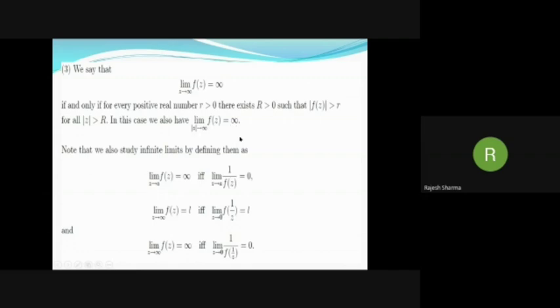Note that we also use finite limits to discuss infinite limits. Limit z approaches a of f(z) is equal to infinity is equivalent to limit z goes to a of 1 over f(z) is equal to 0.